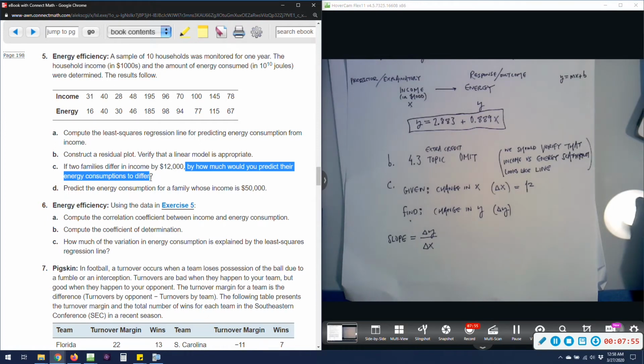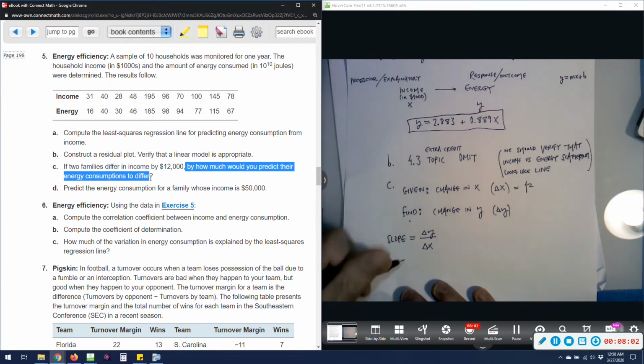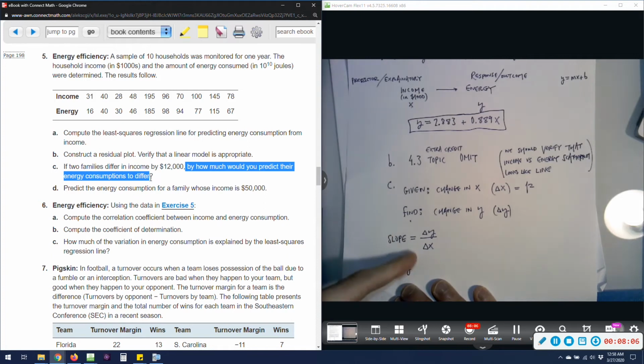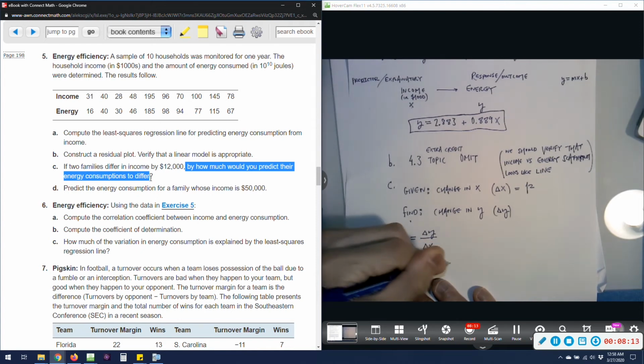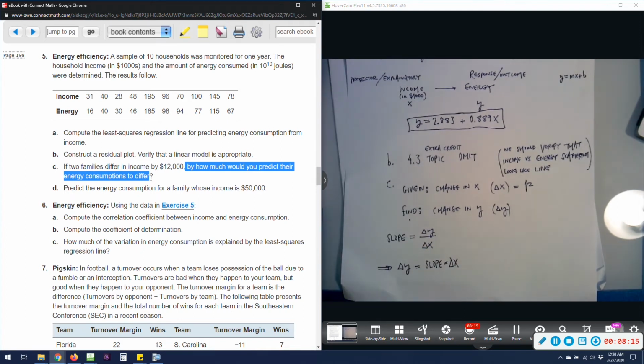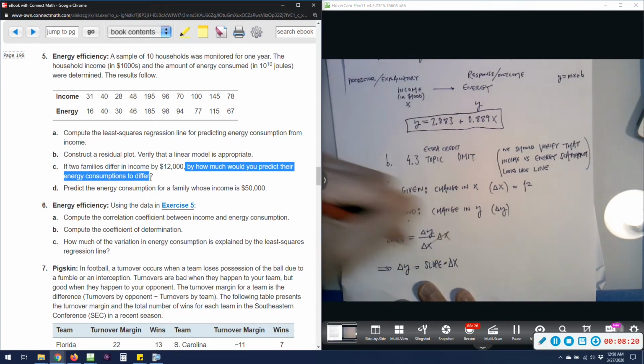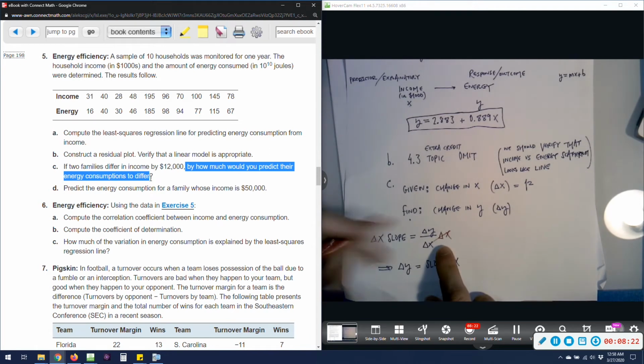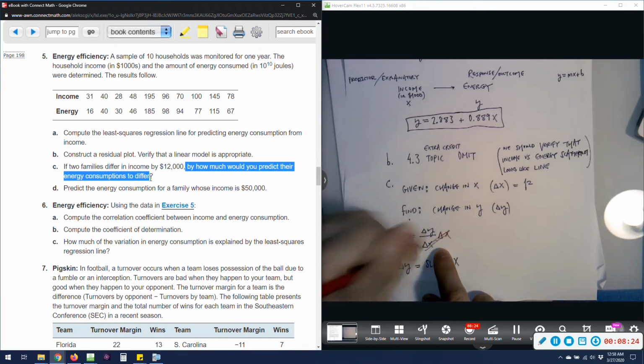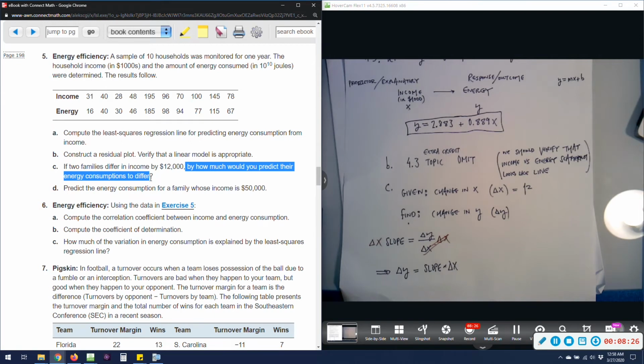So we want change in Y. One way you can memorize how to do these problems with slope is that if you multiply both sides by delta X, this cancels out, and you get slope times delta X. That's where this comes from.